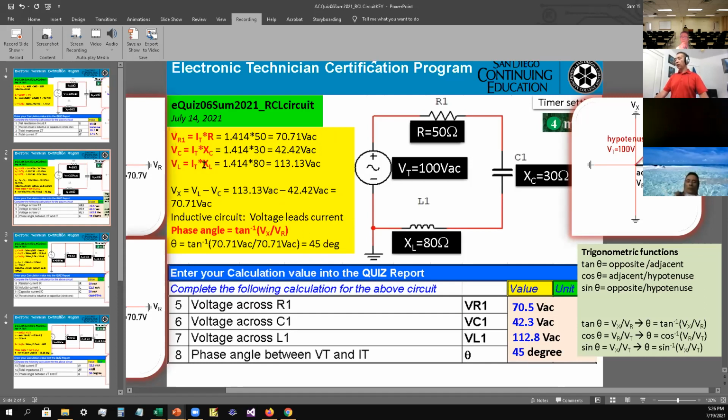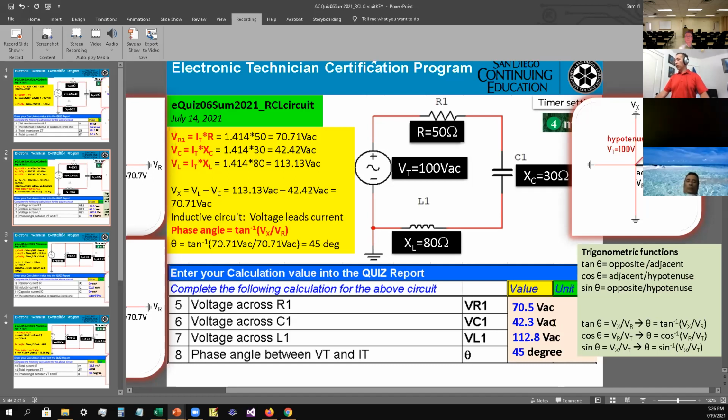That's fine. Then number 6, voltage across C1. VC equals I total times XC. So 1.414 amps times 30 ohms equals 42.42 VAC, or 42.3 VAC.